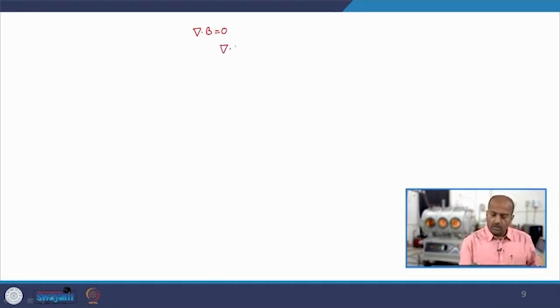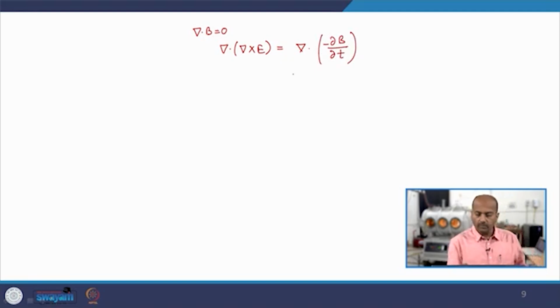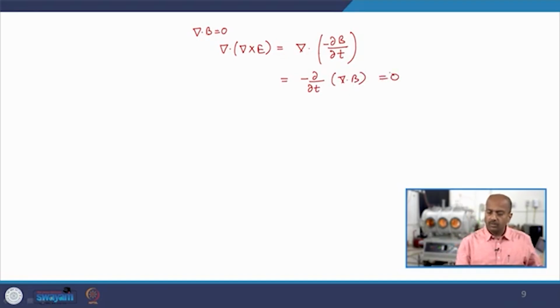Now, if I take the divergence of del cross E, which will be equal to del dot minus dou B by dou t, or minus dou by dou t of del dot B, which is equal to 0, right.